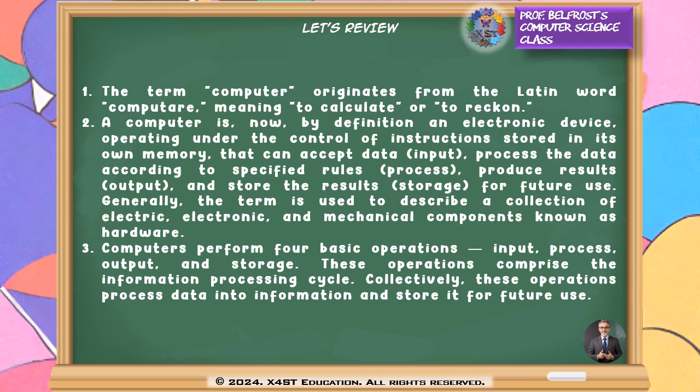These operations comprise the information processing cycle. Collectively, these operations process data into information and store it for future use. That's why you have memory and also secondary storage for future use.